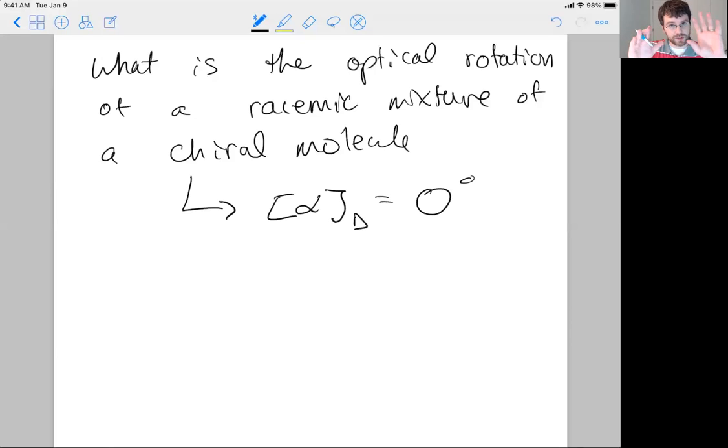So 50% of them rotate the light this way, 50% rotate light this way, and the additive effect is 0. We observe no rotation for a racemic mixture. It's only a pure mixture of enantiomer that we observe the actual specific rotation. And that's something to keep in mind as we think about using optical rotation to be a characteristic property of chiral molecules.